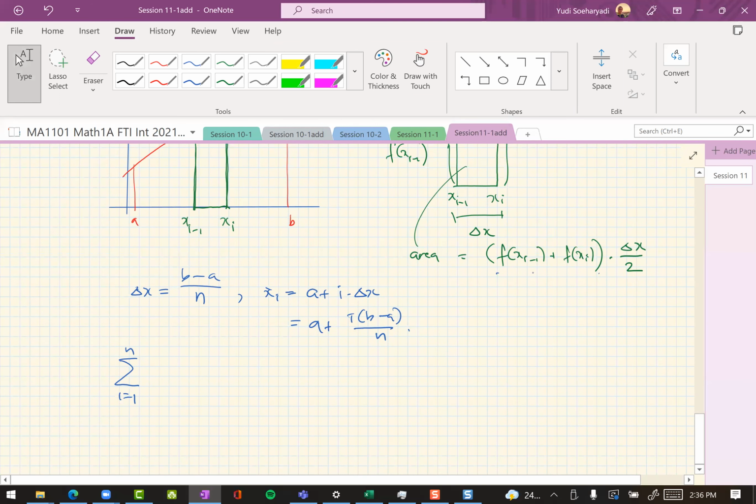The area has delta x over 2, so we take this out, right? And you sum this up.